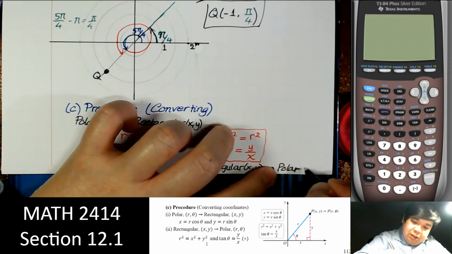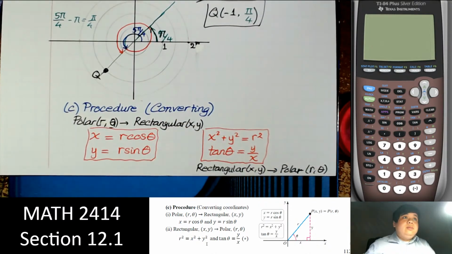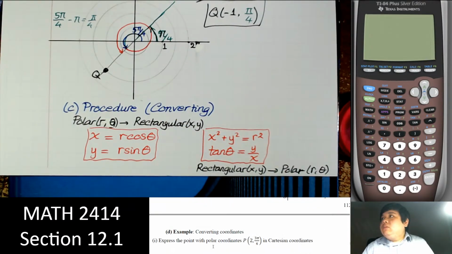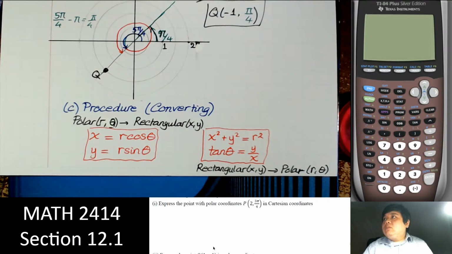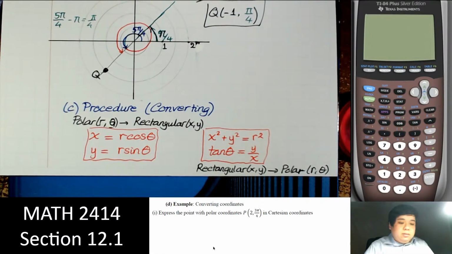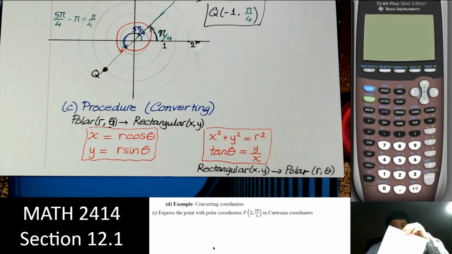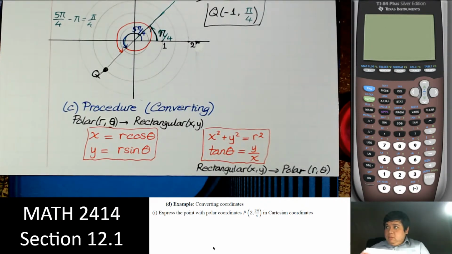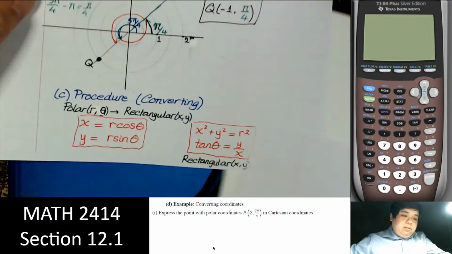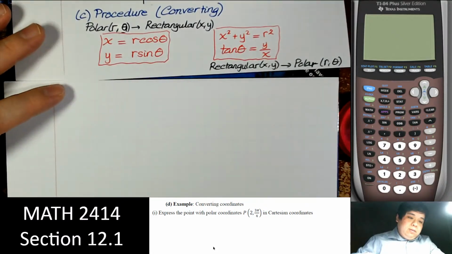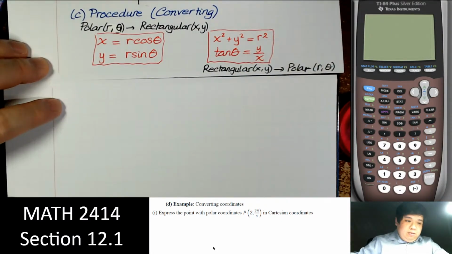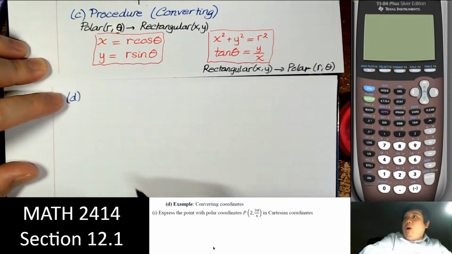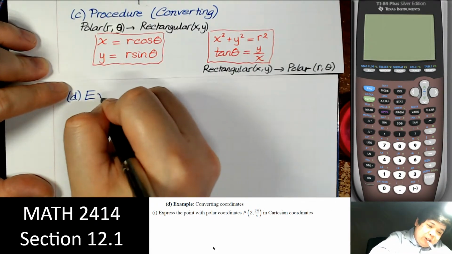Polar is r and theta. So keep that formula where we can reference it. This is very important.